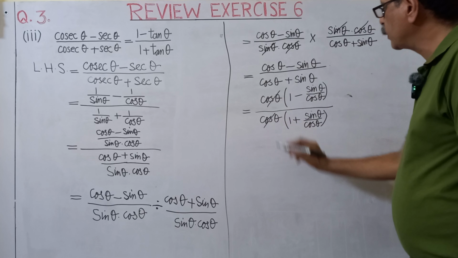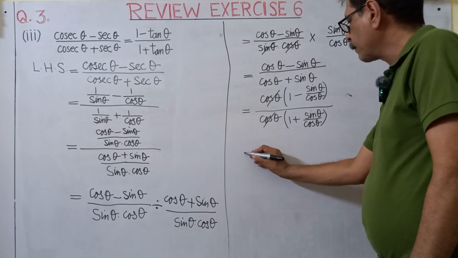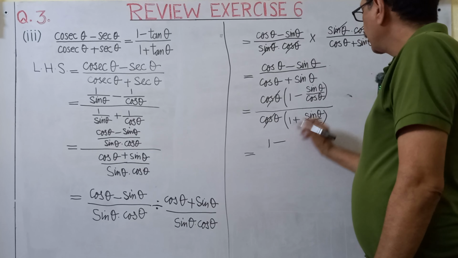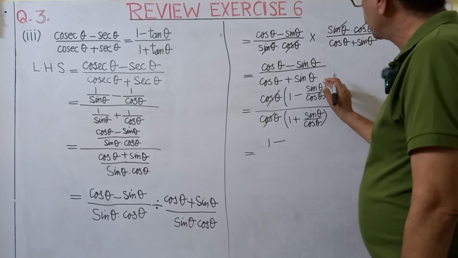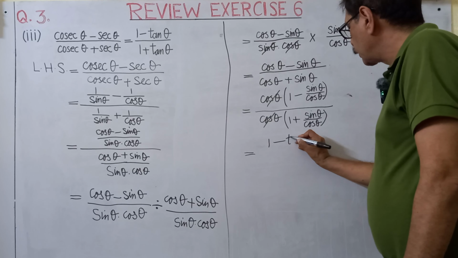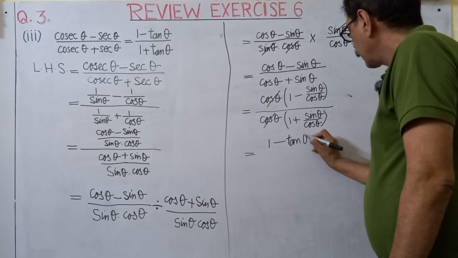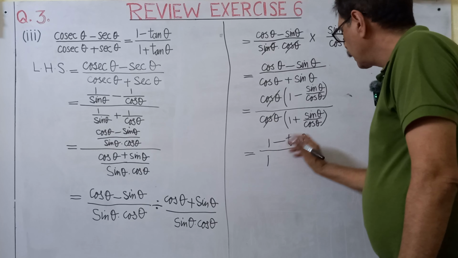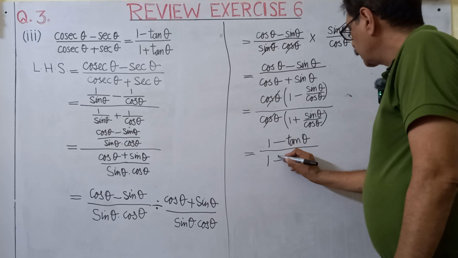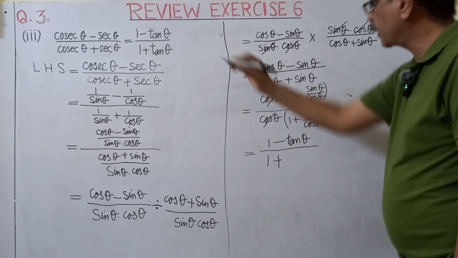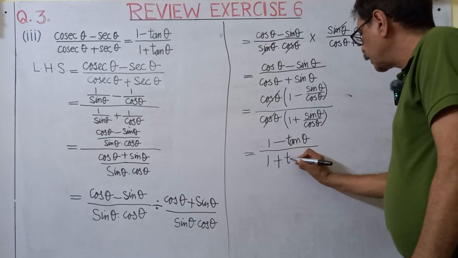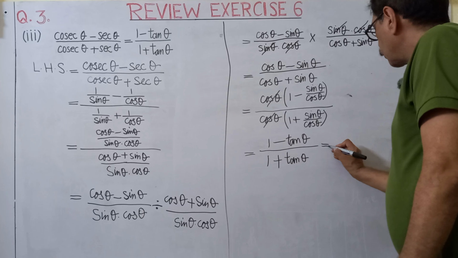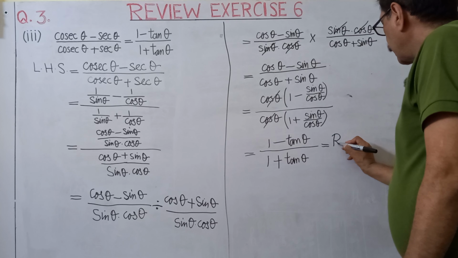Cosine theta cancelled with cosine theta. It is 1 minus sine theta over cosine theta is equal to tangent theta. This is 1 plus sine theta over cosine theta is equal to tangent theta. This is equal to right hand side.